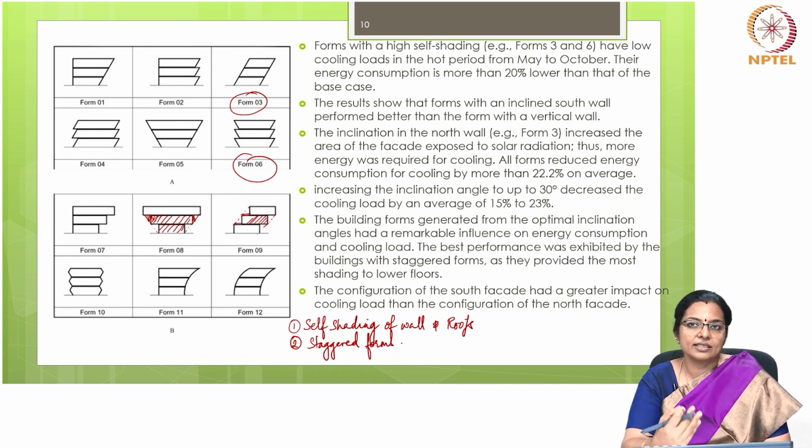So, heat gain is lowered. So, which are the climate types where heat gain must be lowered? Those are primarily hot, dry and warm, humid. So, in both these climate types, it is better to go for forms like these.